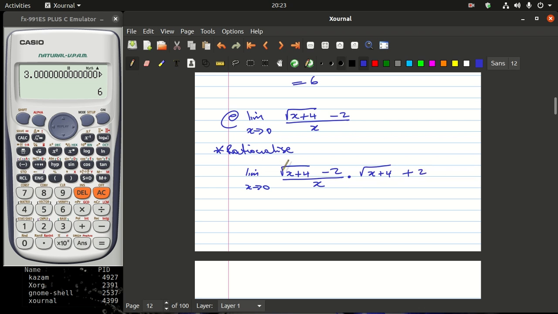We take this part here that has a root as one term. You don't end up having to change this part because we want that whole thing that is inside the root. So we keep everything as it is inside the root. We only change the sign that is in front of this 2 here. And then we divide this whole thing by the same thing because it was not there. So we're going to have the square root of x plus a 4 plus a 2.